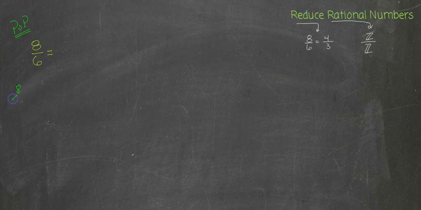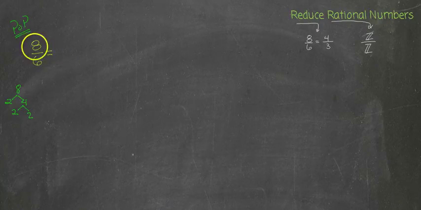8 divides by 2, leaving 4, which divides by 2, leaving 2, and 2 is already prime. So that conversation is useful because when you get farther along and you don't want to have to write the factor tree out anymore, you can use the same conversation to write any number as a product of primes in your head, only writing the prime number.